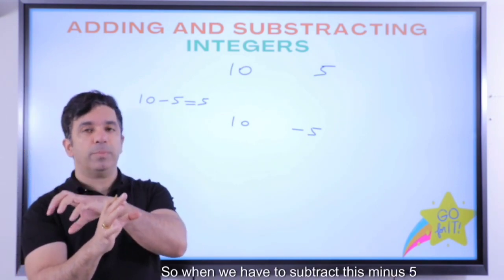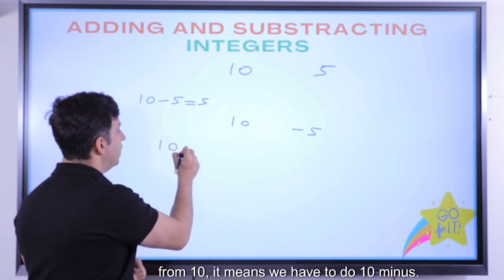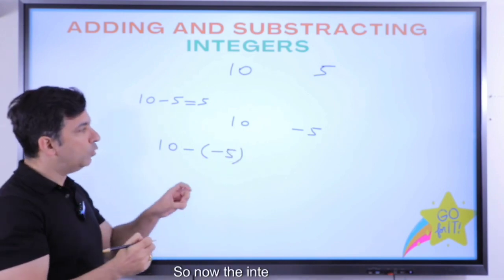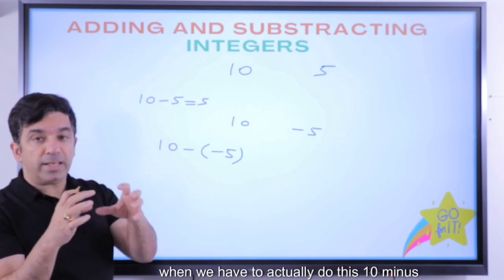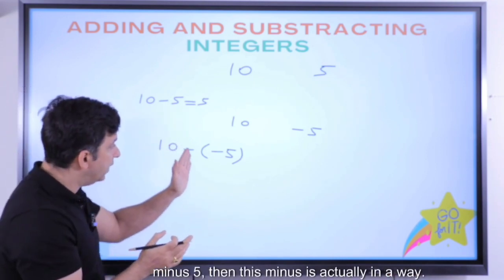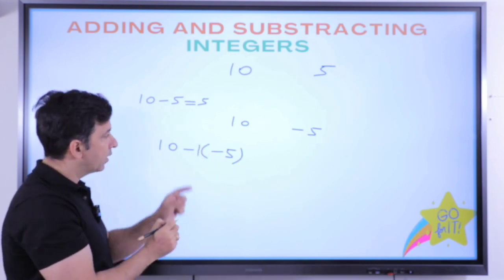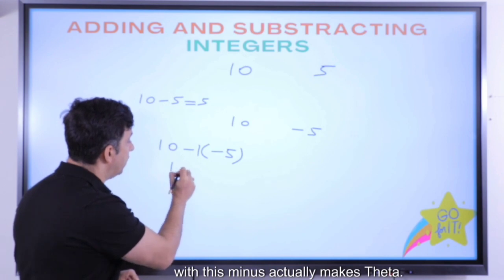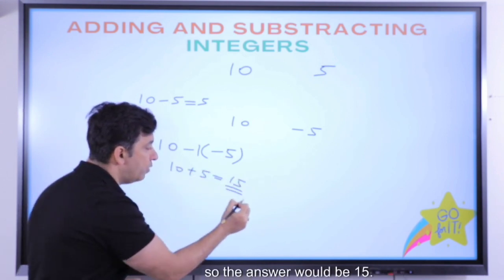So when we have to subtract this minus 5 from 10, it means we have to do 10 minus minus 5. Now the interesting part is this: when we do 10 minus minus 5, the minus sign is in a way a minus 1 over here. So this minus 1 when multiplied with this minus 5 makes it a plus 5. So the answer would be 15.